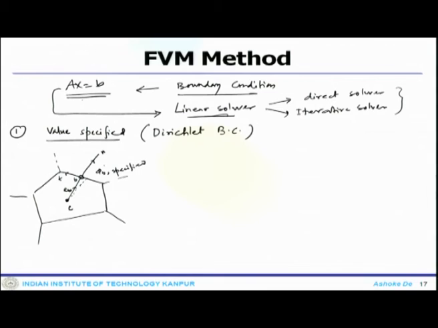So, if phi b is specified, then I should have phi b equal to phi b specified. Okay.